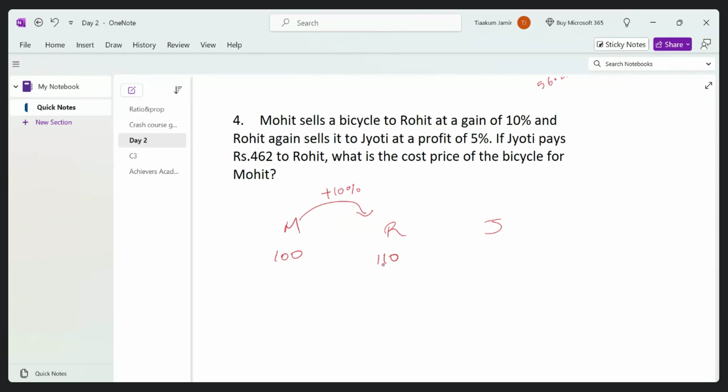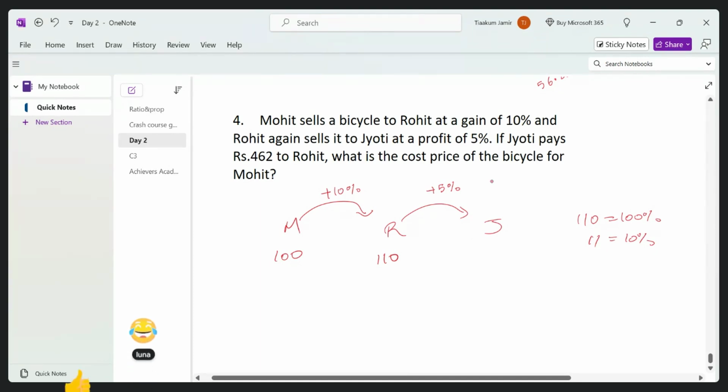Then with 5% profit: if 110 is 100%, 10% will be 11, and 5% will be 5.5, half of this. So Choiti pays 115.5 rupees, which is paid to Rohit. They're asking us to find this.